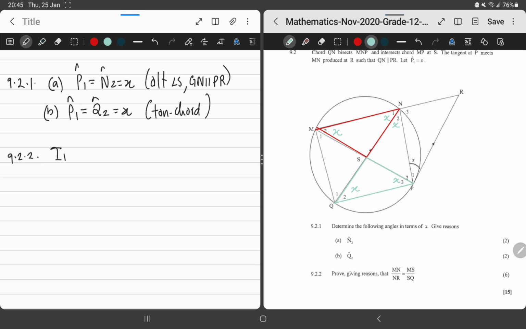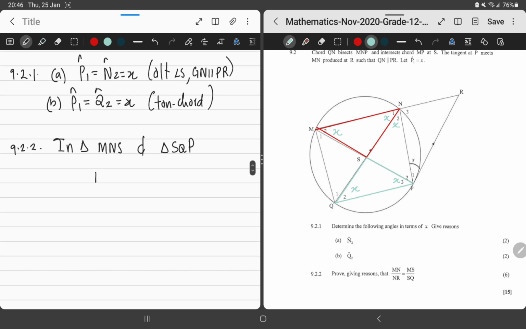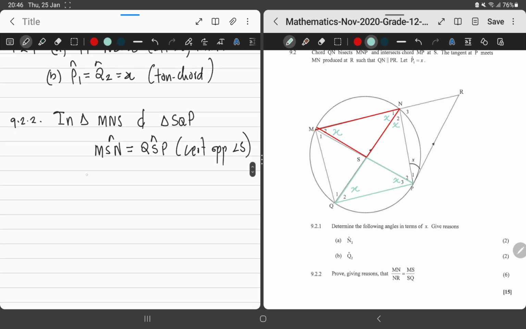Then I'll say in triangle MNS and triangle SQP, we know that angle MSN is equal to angle QSP because of vertically opposite angles. And we know that M2 should be equal to Q2 because they are angles on the same segment.